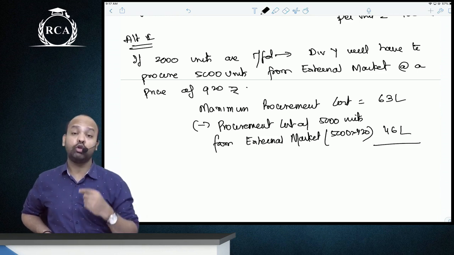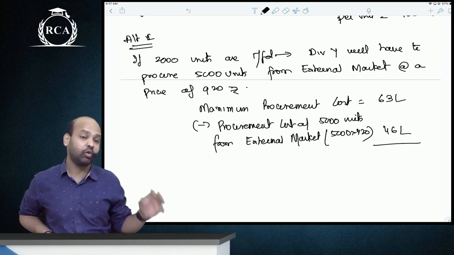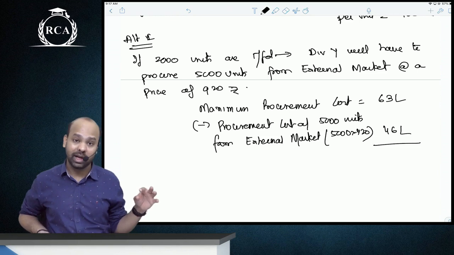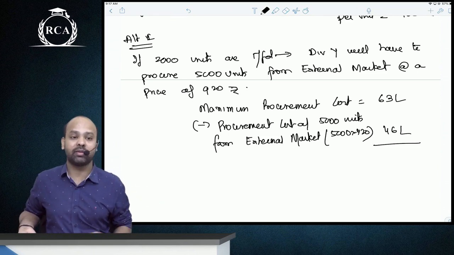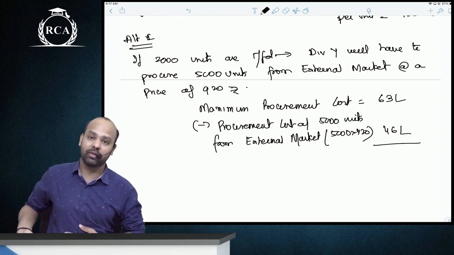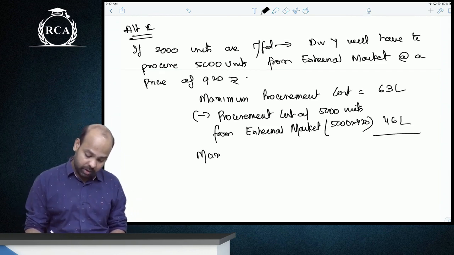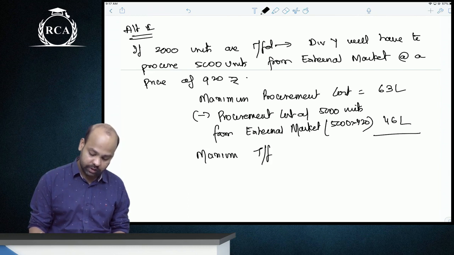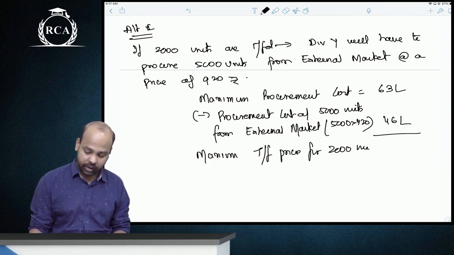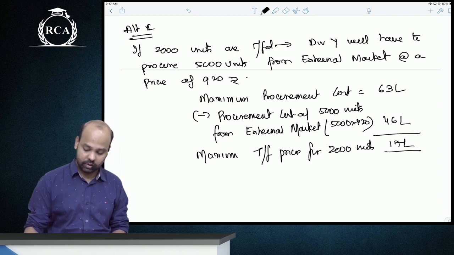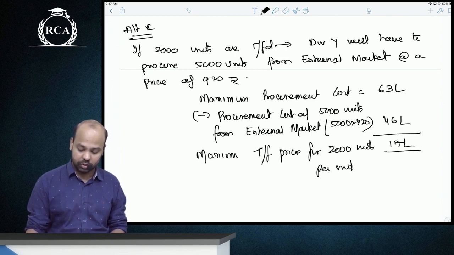Now that you transfer us 2,000 units, we still have to buy 5,000 units at 920 rupees, that is 46 lakhs. So the maximum transfer price for 2,000 units cannot exceed 17 lakhs. For those 2,000 units, we will pay you the differential.